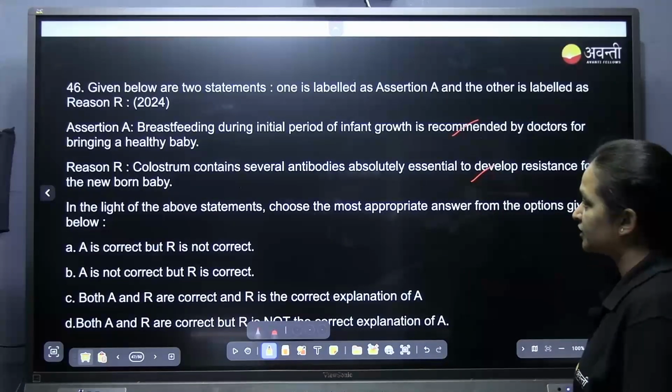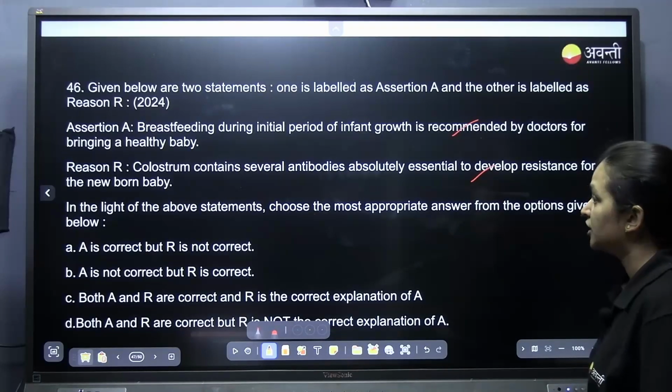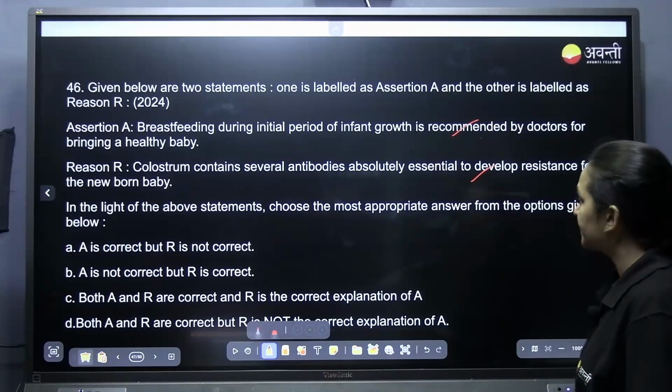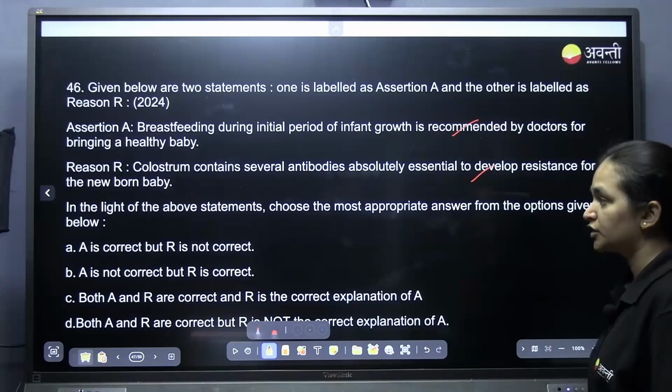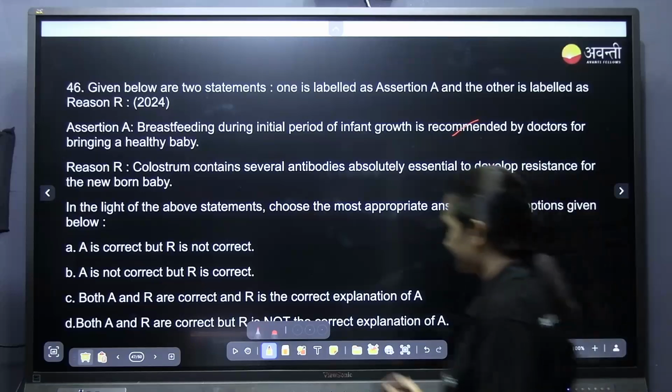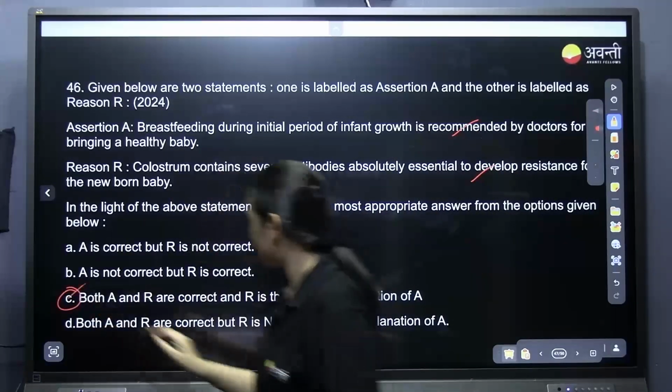So is it the correct reason? Yes, so C is the correct answer.